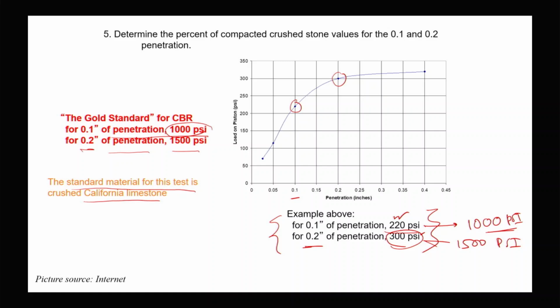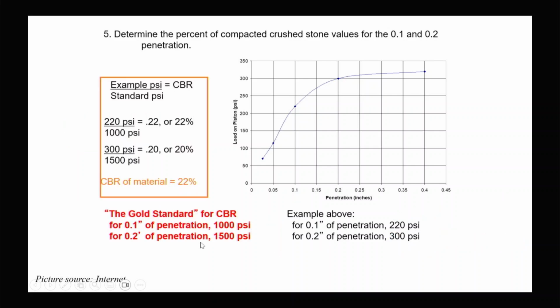So let us calculate the California bearing ratio. That is the ratio. You can see simply for 0.1 inch, it's 220 psi by 1000, which was the standard, so 0.22 or 22%.